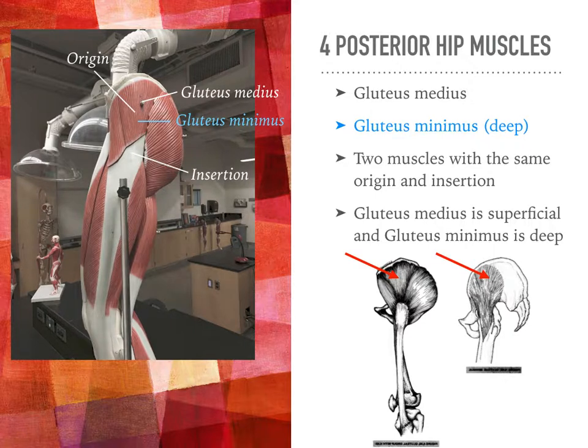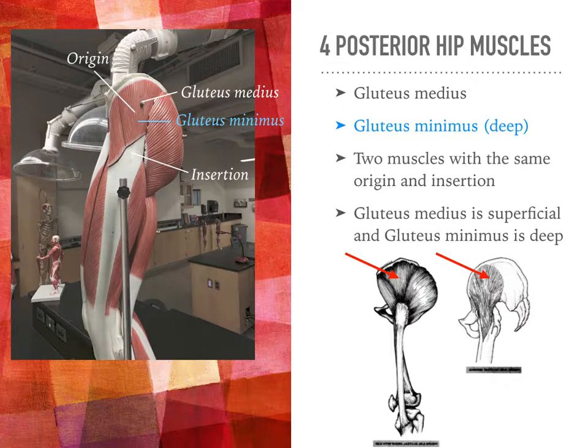You can see both muscles in the line drawings there in the white area on this slide. The second picture shows the position of the gluteus minimus muscle underneath the gluteus medius. So studying these 2 together, you get a lot learned very quickly.